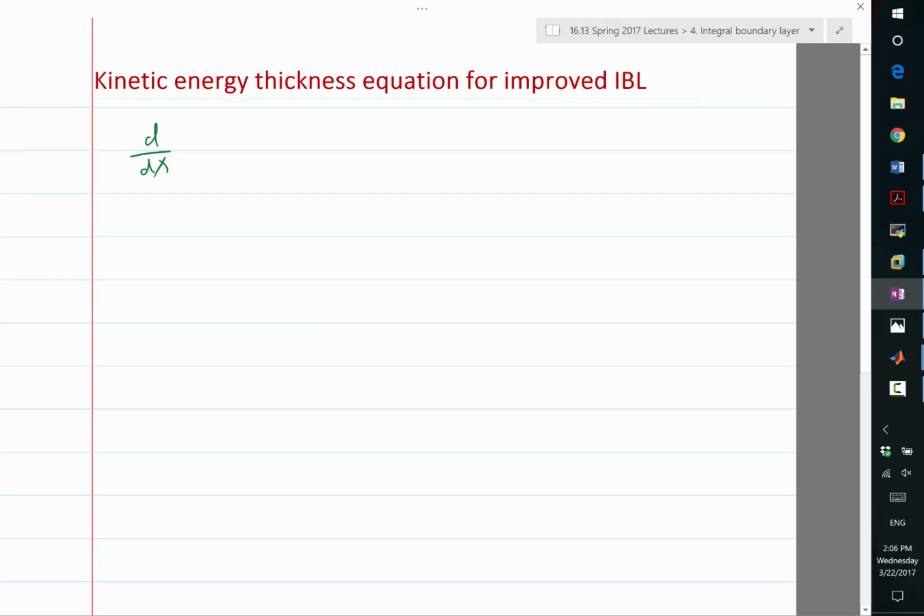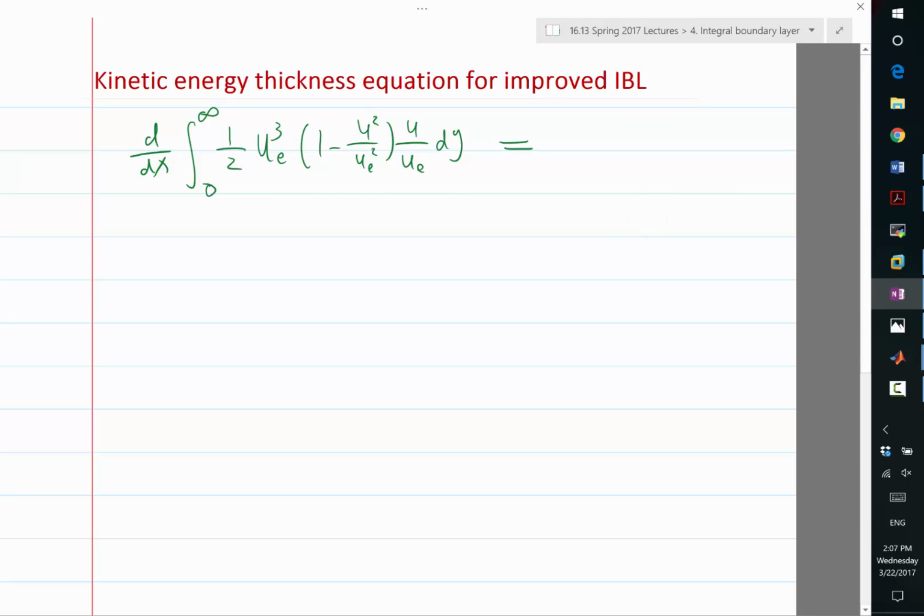If you take the derivative of the integral from 0 to infinity of half of ue to the cube times 1 minus u square over ue square times u over ue dy, that is basically half of ue to the cube times the kinetic energy thickness.